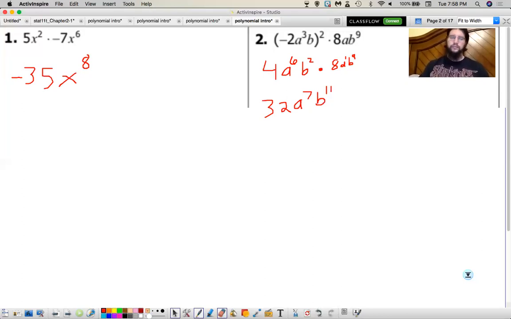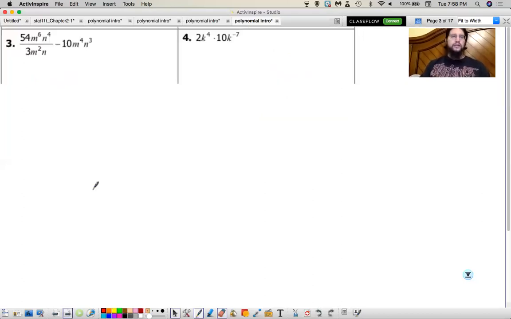All right, so in order to organize these things, they can get a bit messy when you're doing it with quotients, so I like to organize them. So we have this quotient and a subtraction. We've got two things again, but we have to divide before we can subtract. So I see some numbers up in here, put some numbers down there. I see some m's, and put some m's.